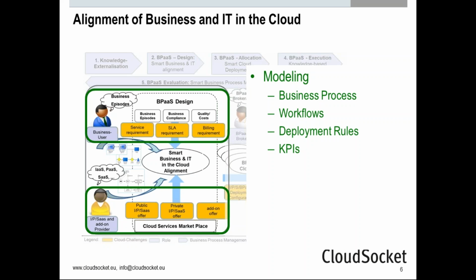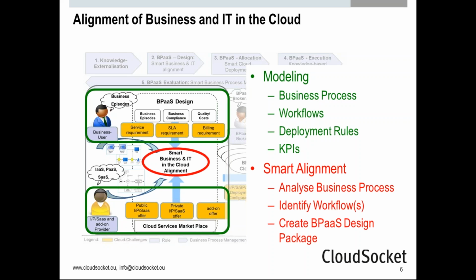So we need to model the business processes from the business perspective, which are called here the business episodes, which are the requirements for the services, requirements for service level agreements, and maybe also requirements for the billing. And on the other hand side, we have a model of the workflows, the different offers that we have from the different cloud providers. We have maybe some rules and key performance indicators that have to be satisfied by the cloud offers. And then we have the alignment part, which is here in red.